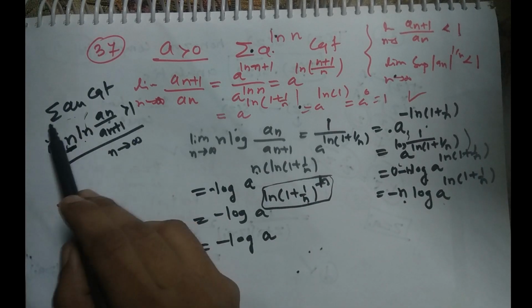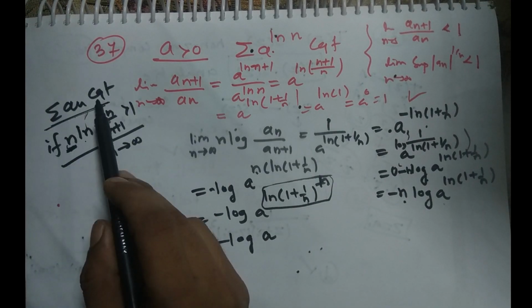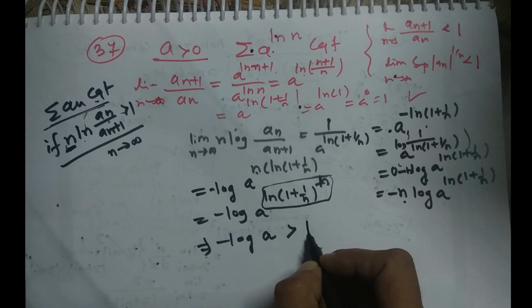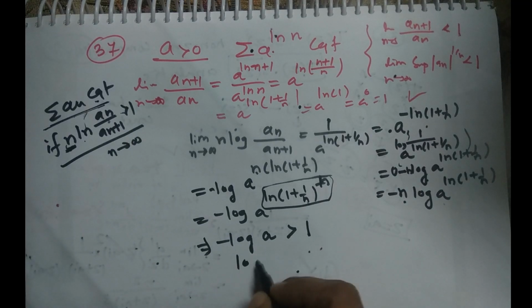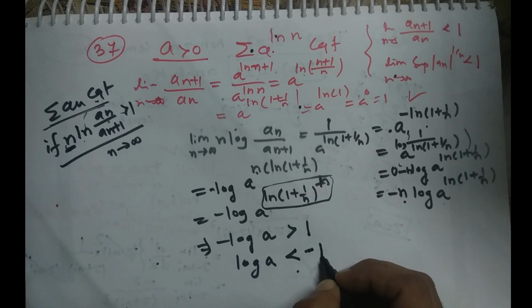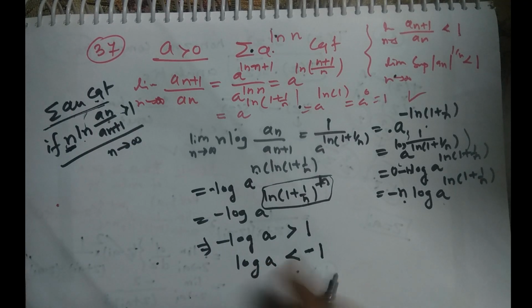Now they are saying the logarithmic test says this is convergent only if this is greater than 1. And when do we say this is greater than 1? Only if log of a, if I multiply the minus sign throughout, is less than minus 1. If I take the exponential function on either side, I will get a raised to log, means what?